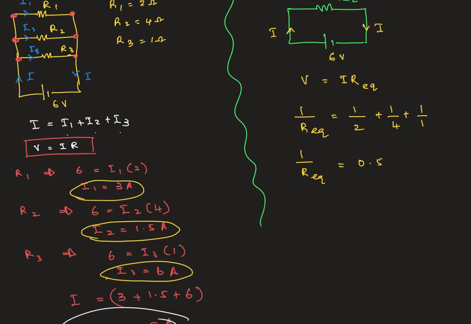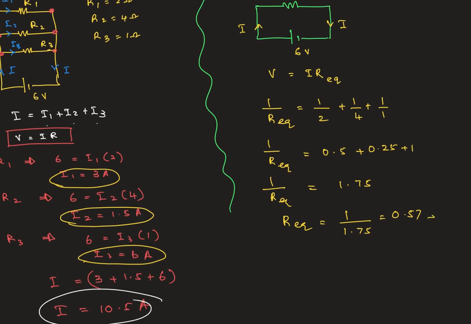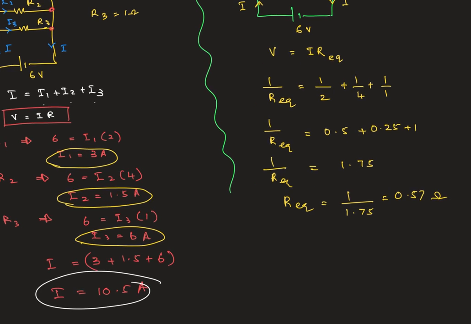But here we got easy numbers, so we simply can get half is 0.5, 1/4 is 0.25, and add them up, and there you will get 1.75, and that is 1 over R equivalent. We have to get the reciprocal of this in order to get R equivalent, and that will give you something like 0.57. You just have to check it on your calculator. And now I have R equivalent.